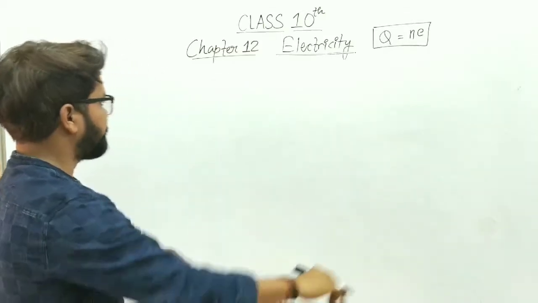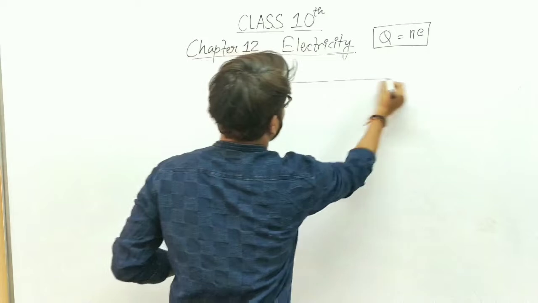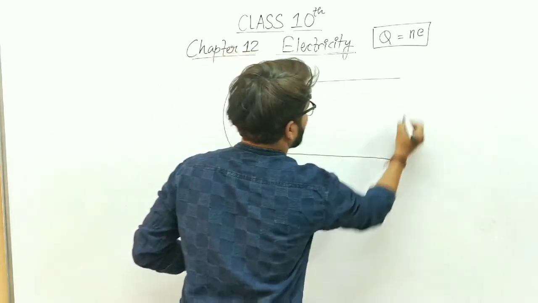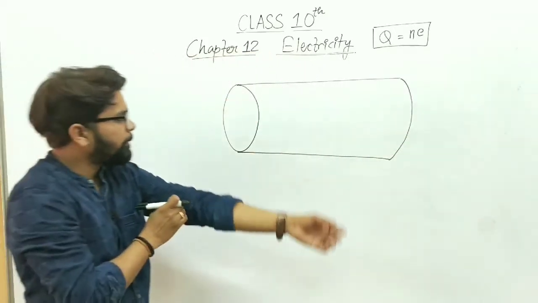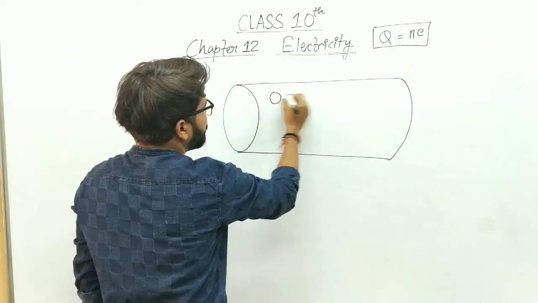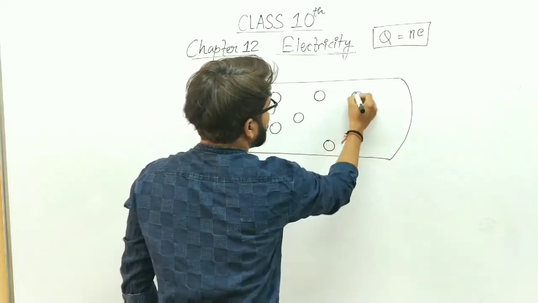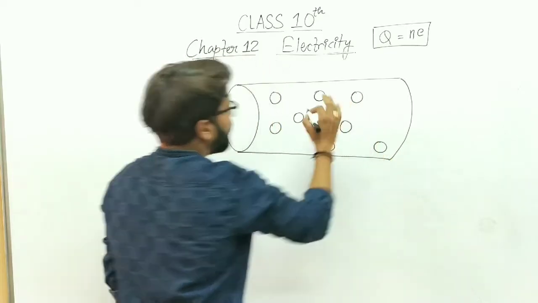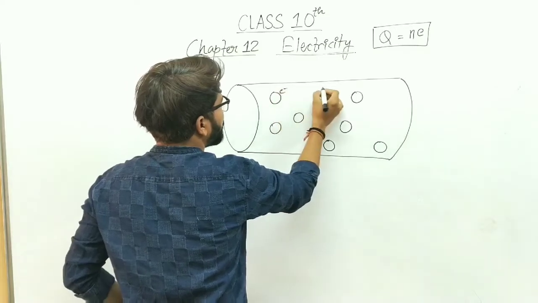I took an example again, a conductor or a metal. I took a copper metal, and this copper wire has atoms. These all are the atoms of copper, and these atoms have free charge, and this free charge is electrons.